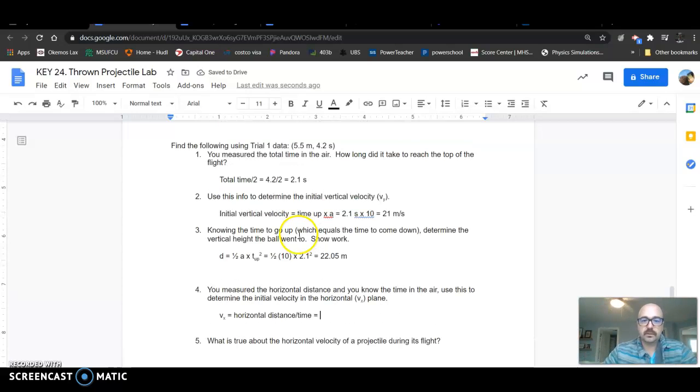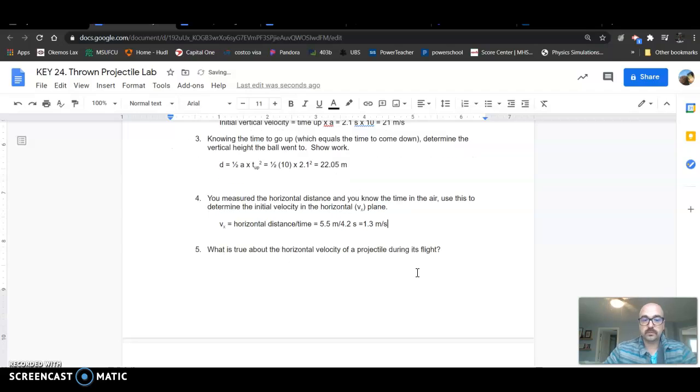And so our distance, we had measured 5.5 meters. And we divide that by 4.2 seconds. And that'll give us, oops, no, 2.3, that can't be right. 5.5 divided by 4.2, 1.3 meters per second.